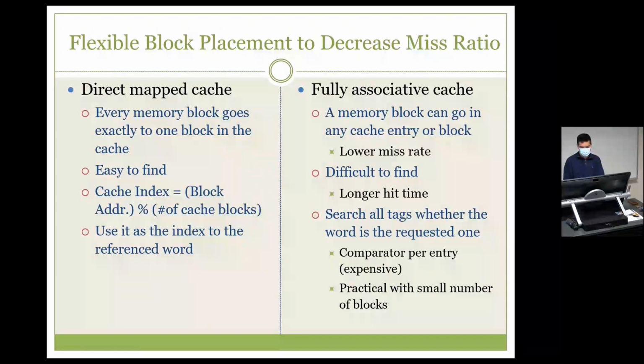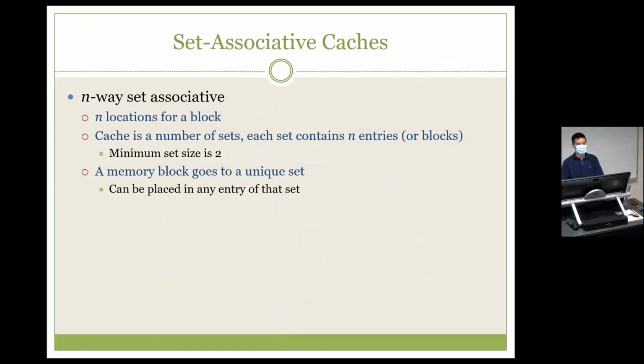Right, so that's a fully associative cache, but we don't have to go all the way fully associative. We can do set associative. So set associative, rather than being able to go to any place in the cache, would only be able to go into n different places in the cache, where n is the number of blocks belonging to a single index entry.